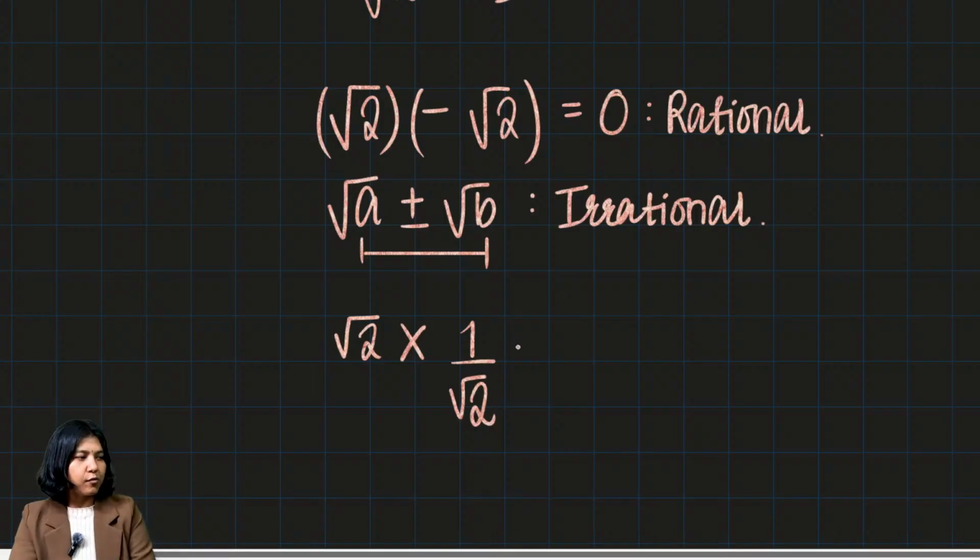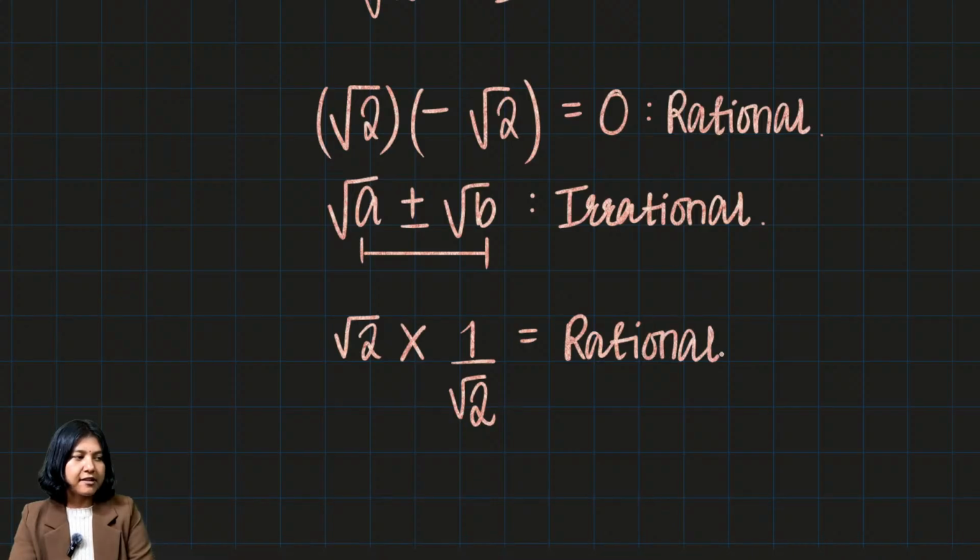Note that 1 by root 2 is also irrational, because one of the numbers here is irrational. So their product is rational. Interesting, isn't it? Because it is possible that I take two irrationals and operate them to get a rational number. That is still possible.